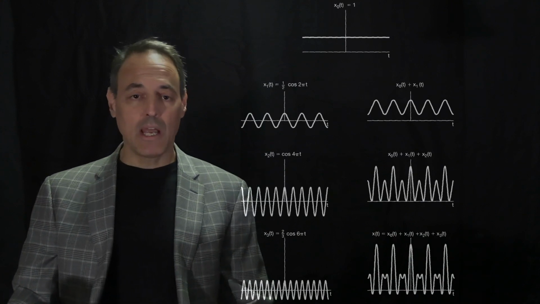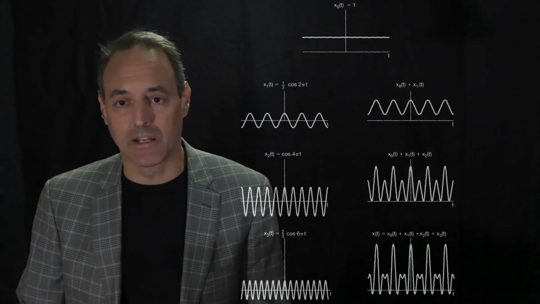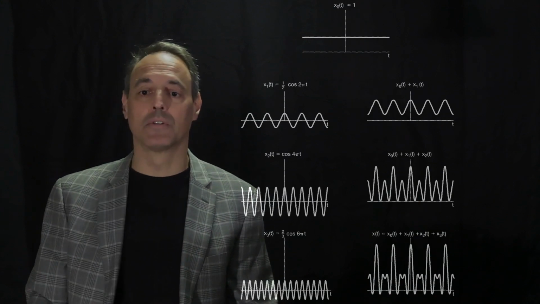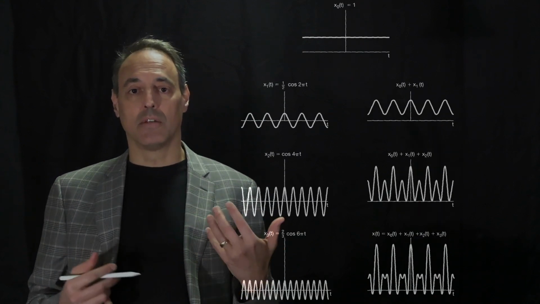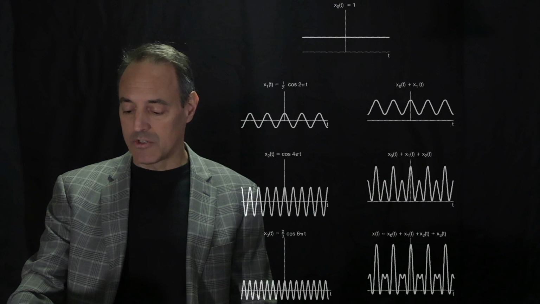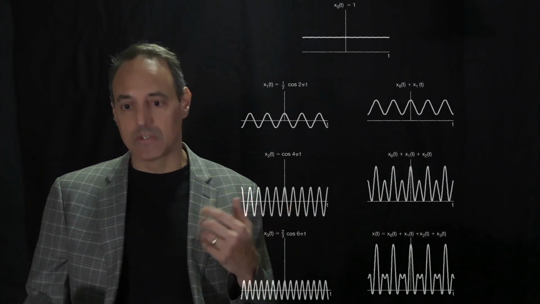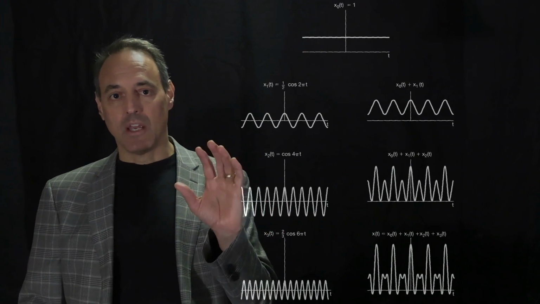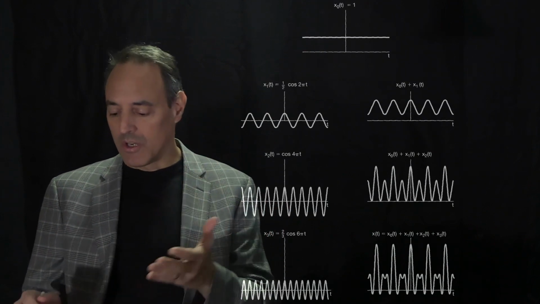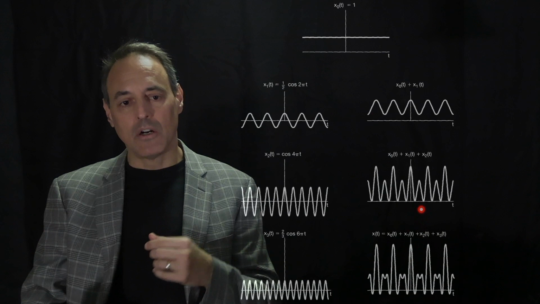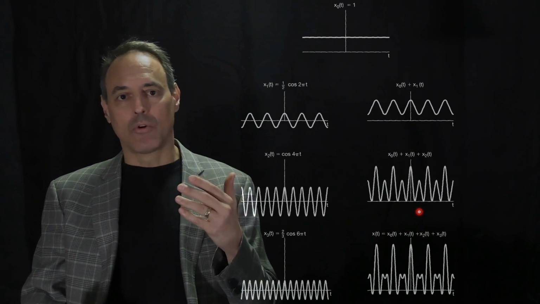And what Fourier said is I can represent any signal, even discontinuous signals, in terms of these cosine and sine bases. As you start adding these signals together, you can get very rich representations. But as you'll see, if you go to infinity, you can have functions that don't look sinusoidal at all.